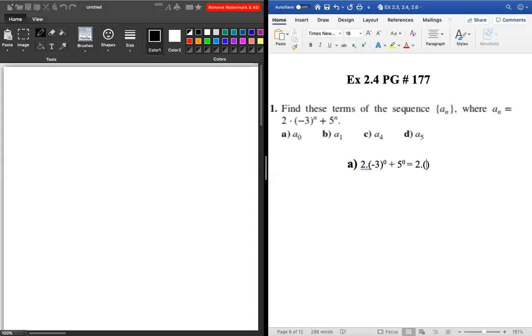Minus 3 to the power of 0 is 1, and 5 to the power of 0 is also 1. So it's 2 plus 1, which equals 3.